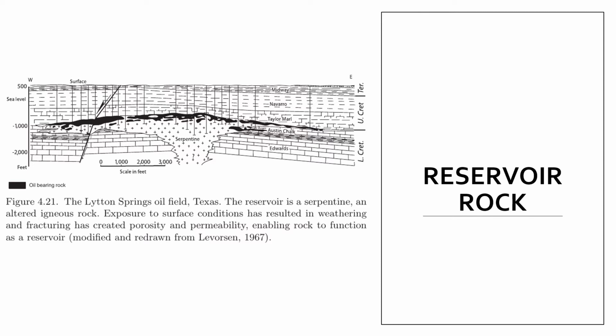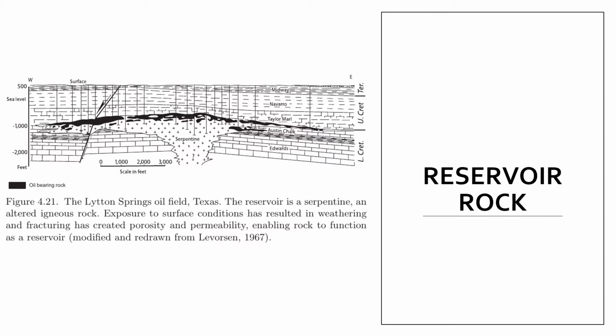And then permeability is important, particularly with respect to the hydraulic connection of your reservoir rock to the source rock. So they have to be hydraulically connected, meaning fluids can transmit from the source rock to the reservoir rock. Otherwise, you won't have any accumulation.